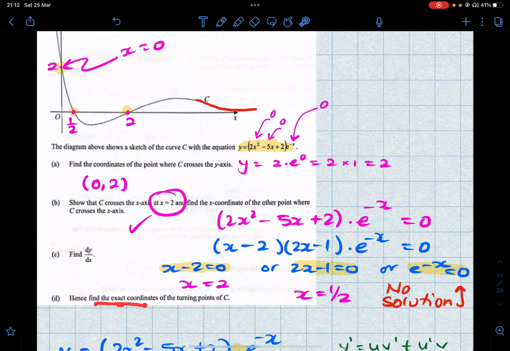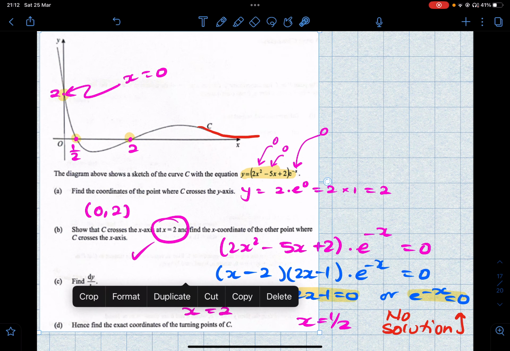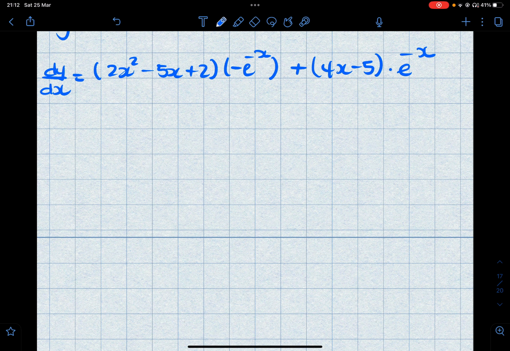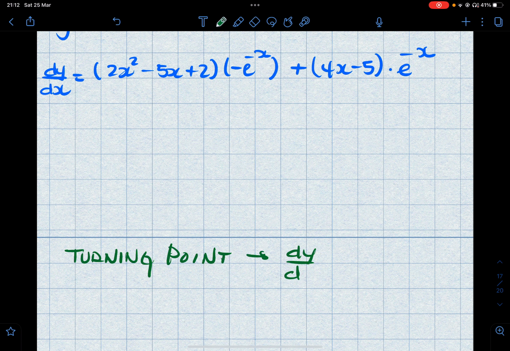They say find the coordinates of the turning points of C, and they use the word hence. That means using what you just found. Now remember, whenever you see the word turning point, that means that dy by dx has to be equal to 0.